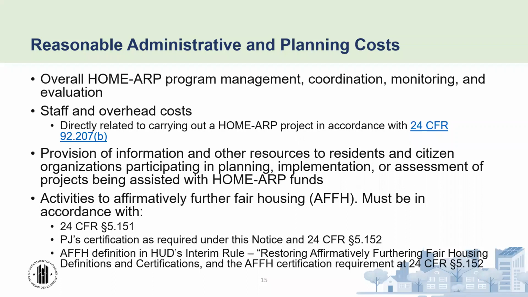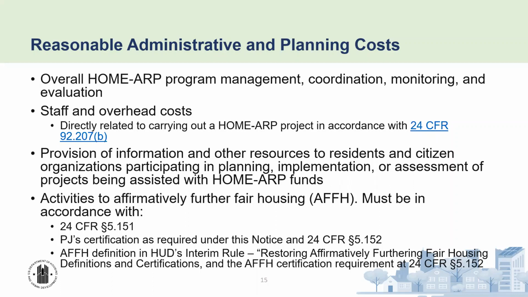If a PJ charges costs to this category, the PJ may either include the entire salary and related costs allocable to the HOME-ARP program of each person whose primary responsibilities are program administration for the HOME-ARP program, or the prorated share of the salary, wages, and related costs of each person whose job includes any program administrative assignments.